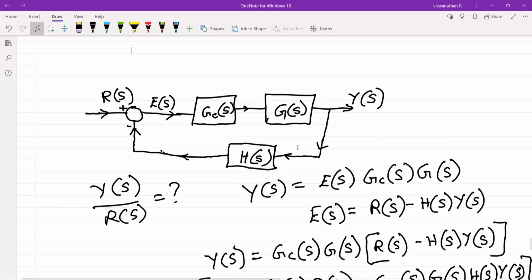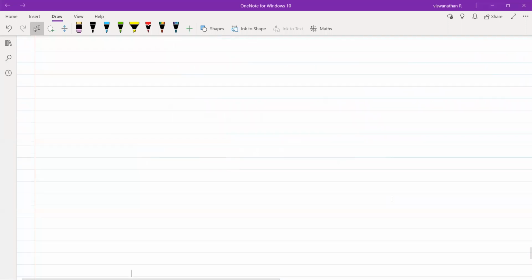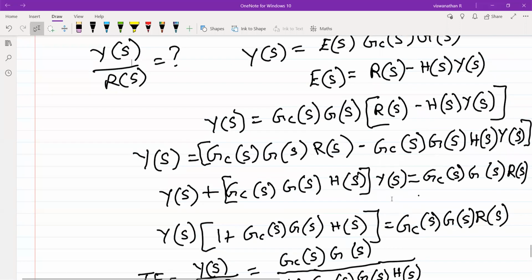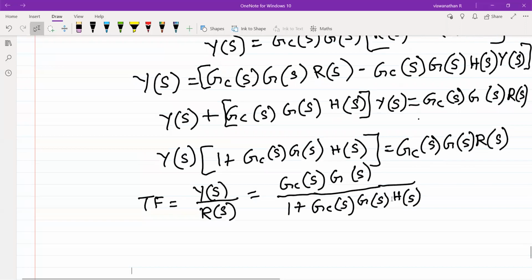And then I just wrote E(s) is equal to this thing, and then just the substitution part, and then you get this transfer function Y(s) by R(s). It's just the substitution to get the output by input.